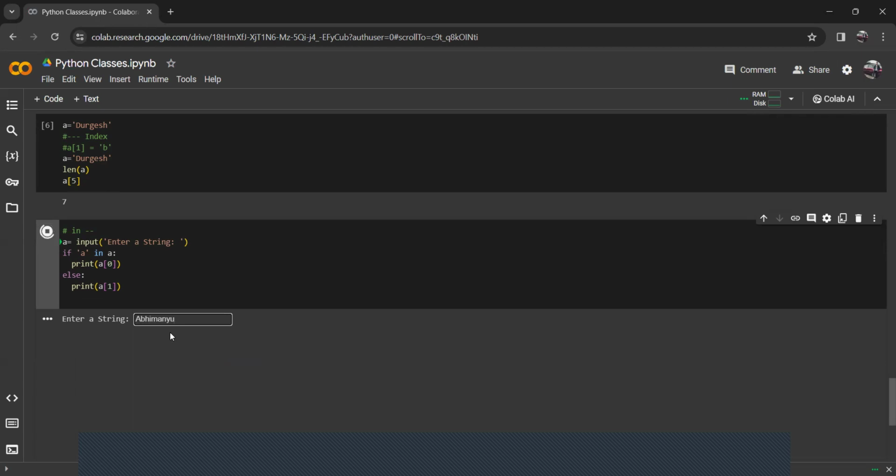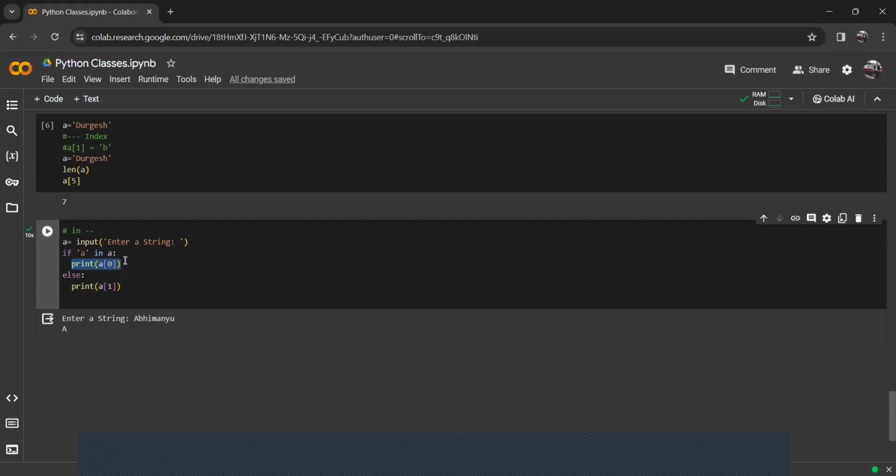Now what will be the output? The output will be A. See, this was my condition. If A is present in Abhimanyu, then print A of 0, and A of 0 is capital A. Else print A of 1.